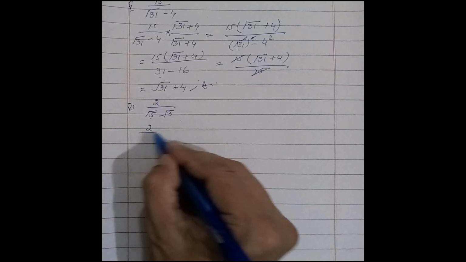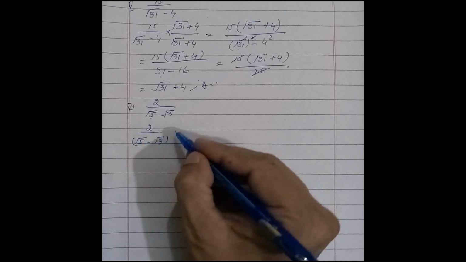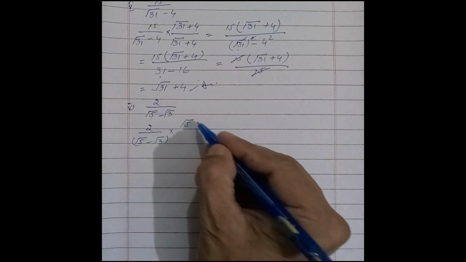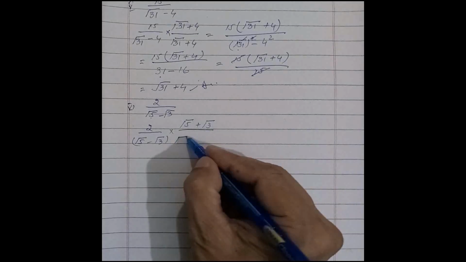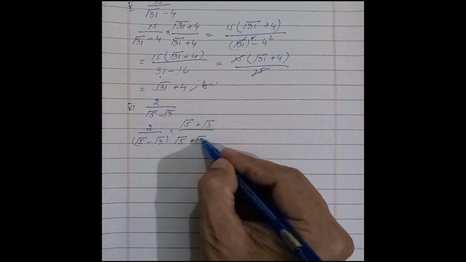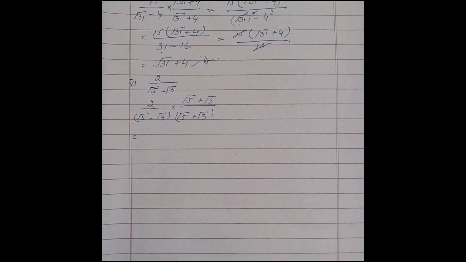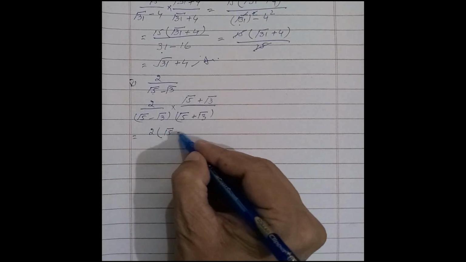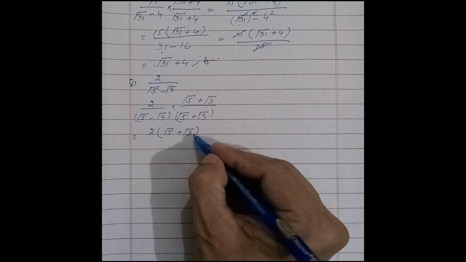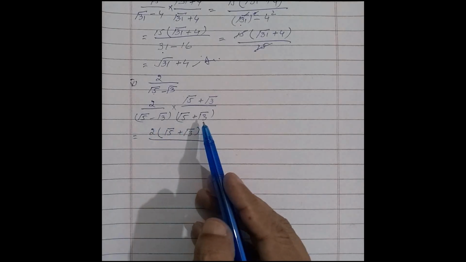We get 2 over square root 5 minus square root 3 times square root 5 plus square root 3 over square root 5 plus square root 3. And the answer, when we simplify it, is 2 into square root 5 plus square root 3 over, it is a minus b into a plus b.